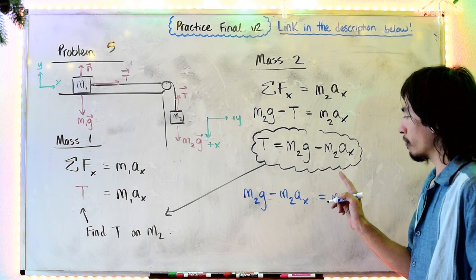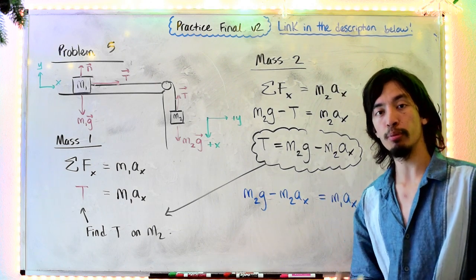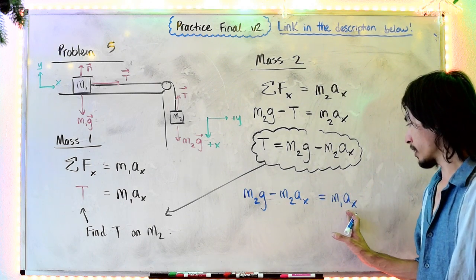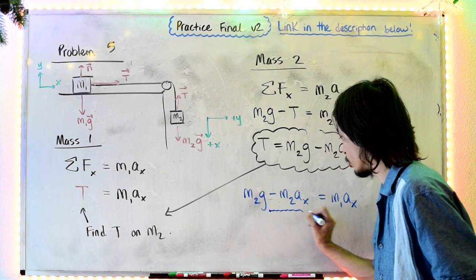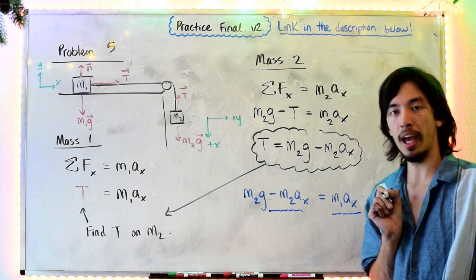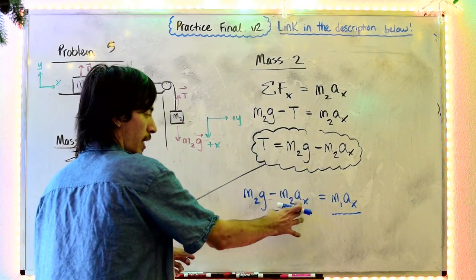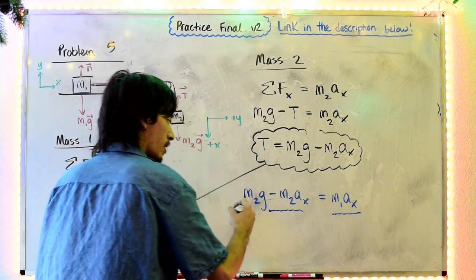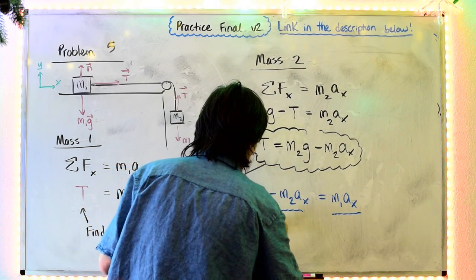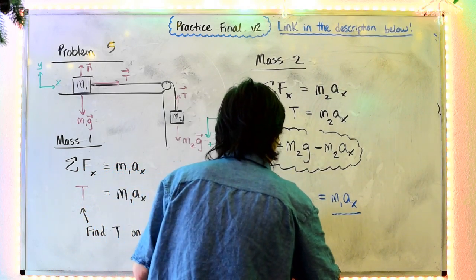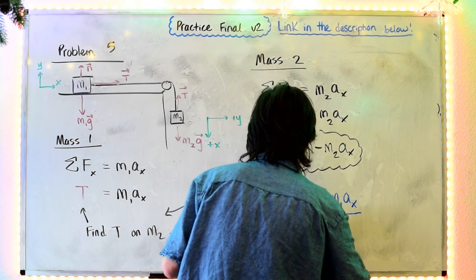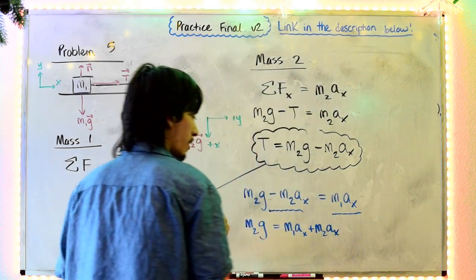Now, we've taken care of the tension, but we need to solve for the acceleration, realizing that there are two terms that have the acceleration in them. So all we need to do is group the two terms together. So we have m2g equals m1ax plus m2ax.